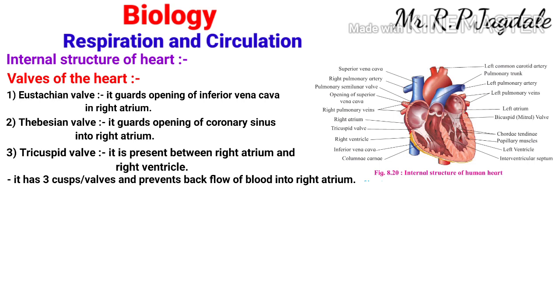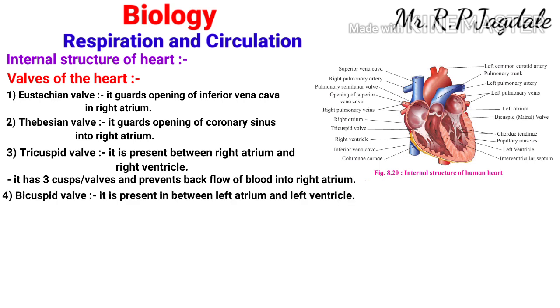Simultaneously, the bicuspid valve. The bicuspid valve is present between the left atrium and left ventricle. Now it is on the left side. You can see in the diagram also, on the left side there is also a valve. It is the bicuspid valve because it has 2 flaps or cusps. That's why it is called the bicuspid valve.